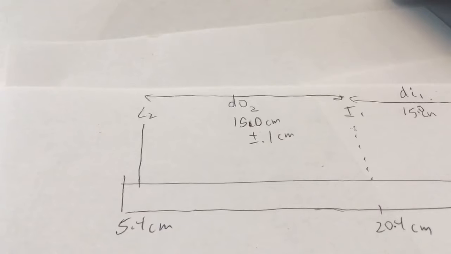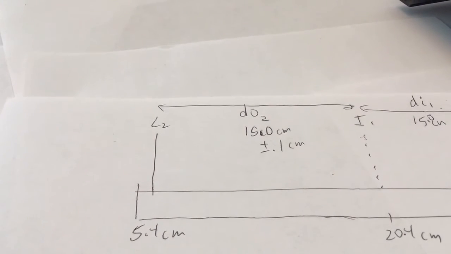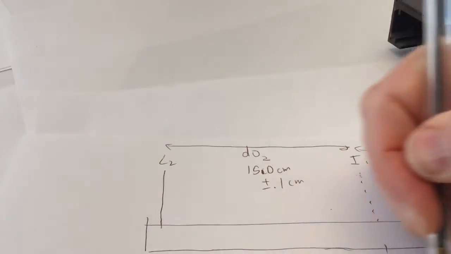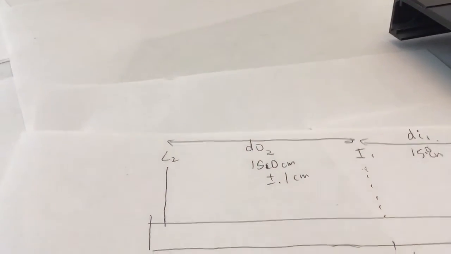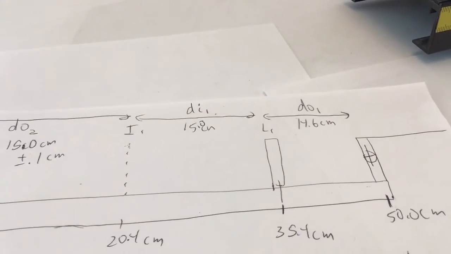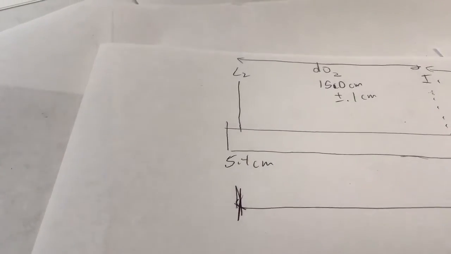Oh, I forgot to do the image distance for L2. What is the image that we saw? In the last video, we saw that image, and the image we assumed was of the object. So we want to find the distance from lens 2 all the way to the object. So how far away is it? 50 minus 5.4.